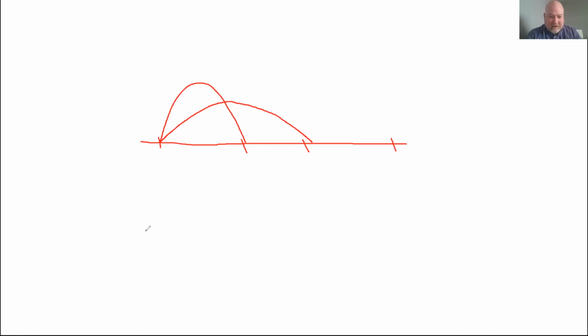Now, if I draw another line down here, another timeline through the day, again, here's breakfast, lunch, dinner, and bedtime. Now, if this one is a rapid mix, so this is aspart, here's what that's going to do. I give the aspart at breakfast, it's going to peak very quickly and not hang around.